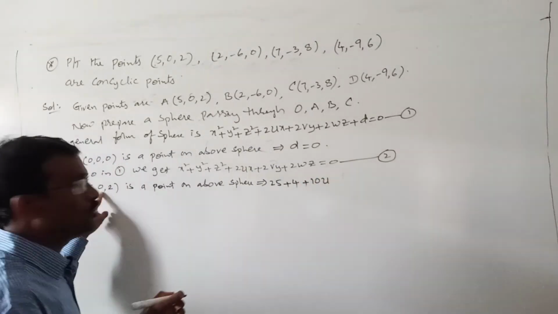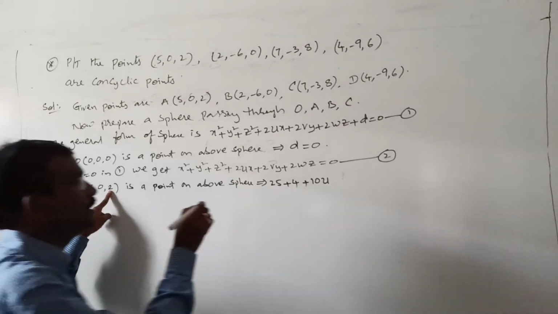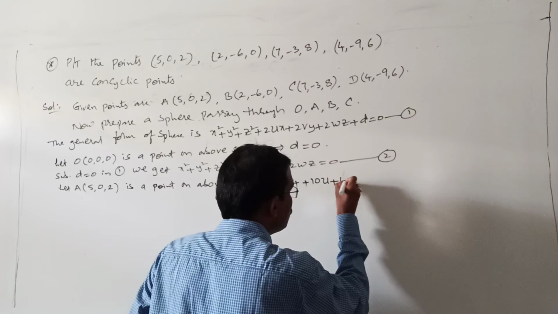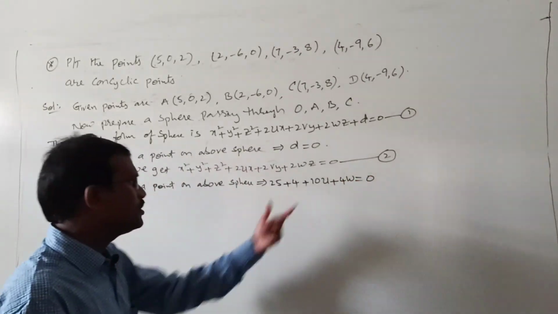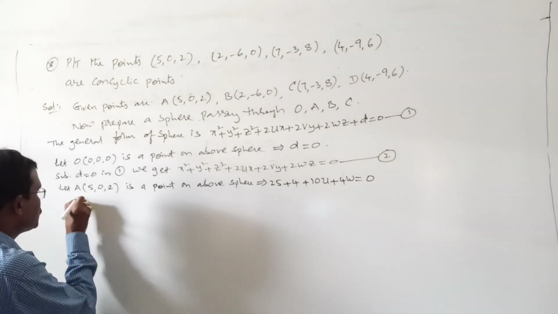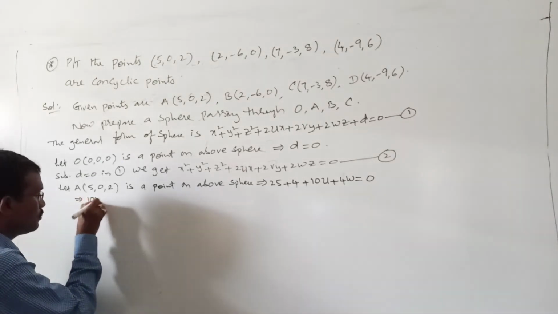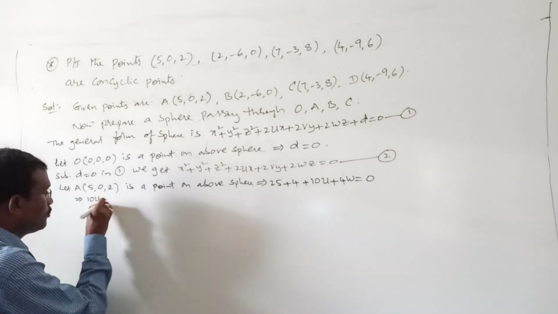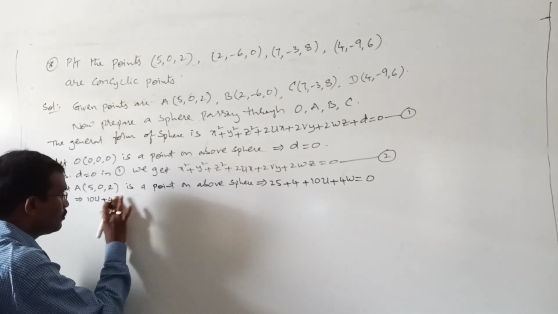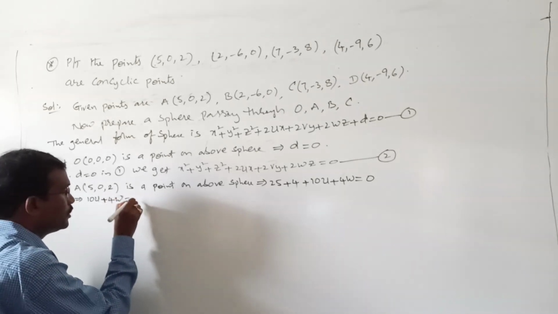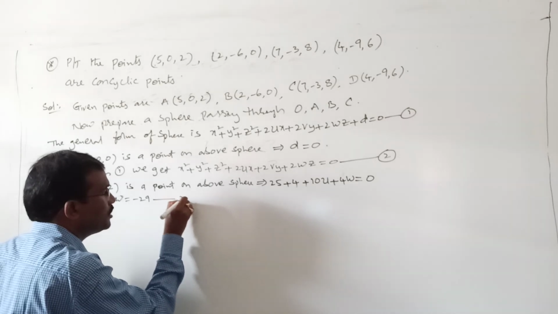Now already y is 0. Let us go for z, z is 2, so it is plus 4w is equal to 0. Simplify this relation. This implies your relation is 10u plus 4w is equal to minus 29. Let this be relation number 3, or whatever it may be.